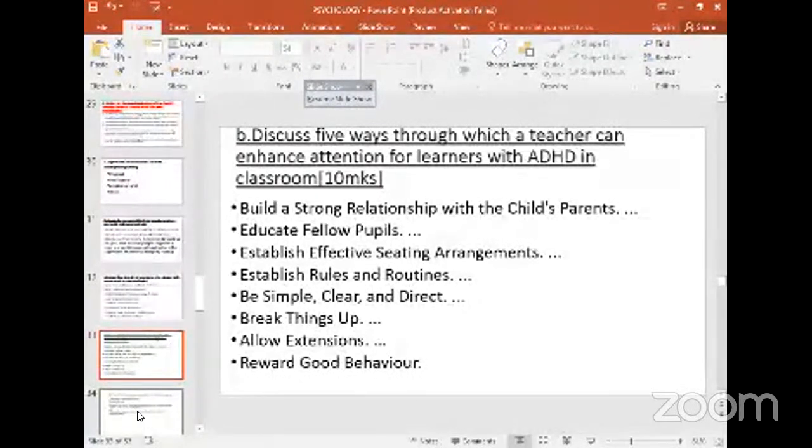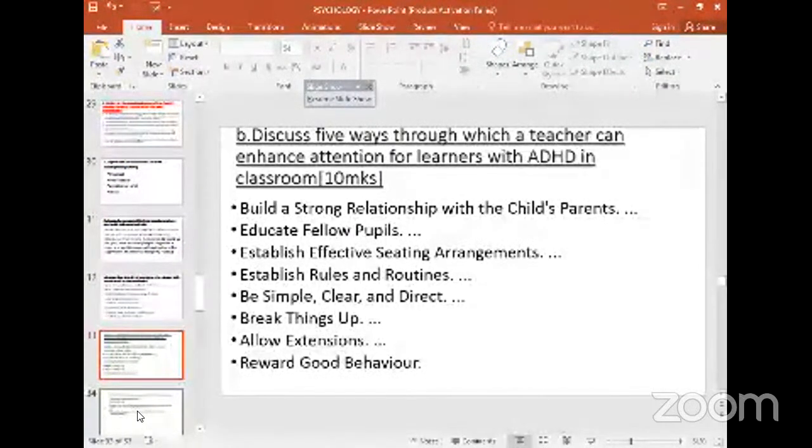Why is this very important? This makes the learner accept to be led within the classroom, because the learner knows that both the teacher and the parent speak the same language.